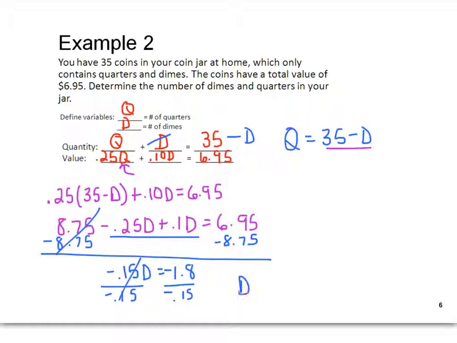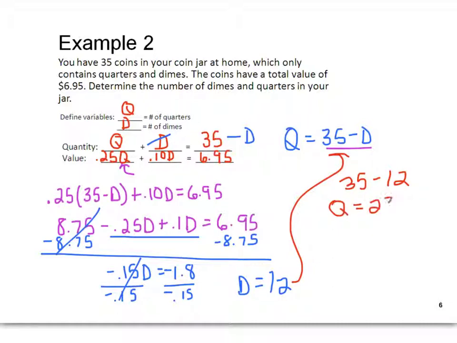And you get that there are 12 dimes. If there are 12 dimes, then we can plug that back in up here and get how many quarters there are. There are 35 minus 12 quarters, so Q is 23. So there are 12 dimes, 23 quarters.